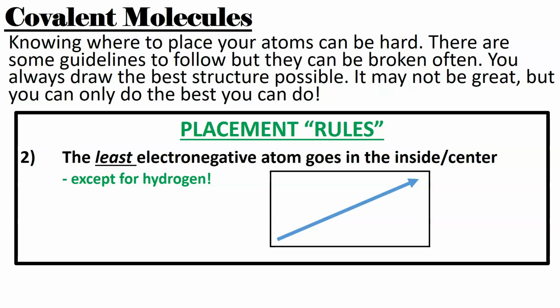If the more electronegative elements are on the outside, they're going to end up with the electrons having more elbow room. They're going to be able to spread out more. They're not going to feel as crowded, and you're going to minimize the repulsions. So you want to put the least electronegative in the middle so that it's not pulling those electrons inwards.